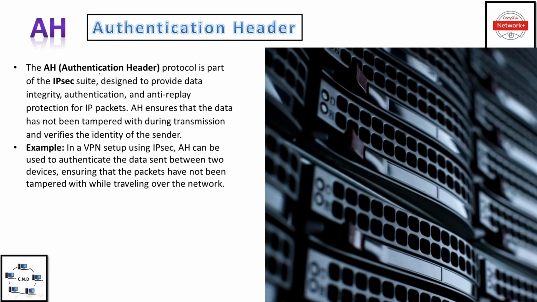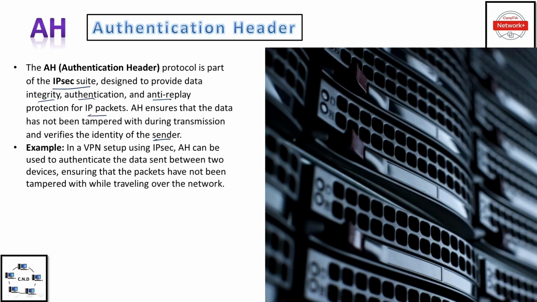Authentication header. The authentication header protocol is part of the IPsec suite designed to provide data integrity, authentication, and anti-replay protection for IP packets. It ensures that the data has not been tampered with during transmission and verifies the identity of the sender.